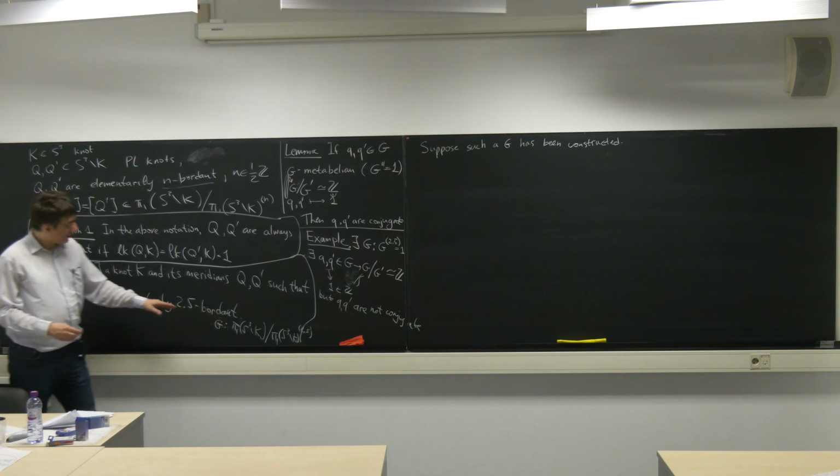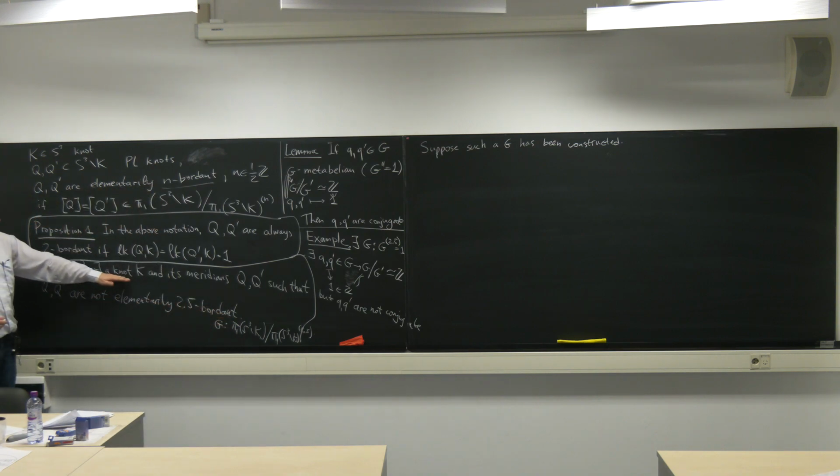So if you look at the complement to a knot, the abelianization of its fundamental group is the first homology of the complement, which is Z by the Alexander duality.